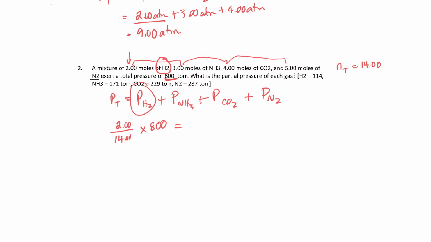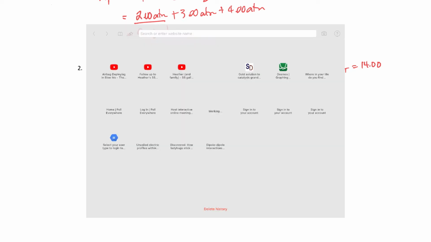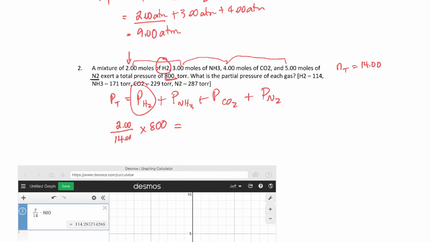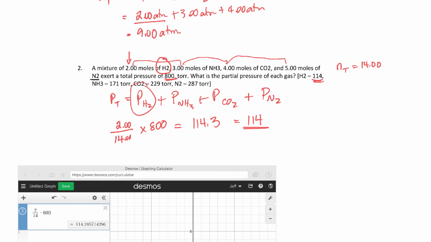Maybe I'll do that quickly on my calculator here. 2 divided by 14 times 800 is 114.3-ish. So the pressure due to hydrogen is 114.3. It looks like there are 3 sig figs, so I'd call it 114. And that would be the part due to hydrogen. Then you just do the same thing for the other gases.